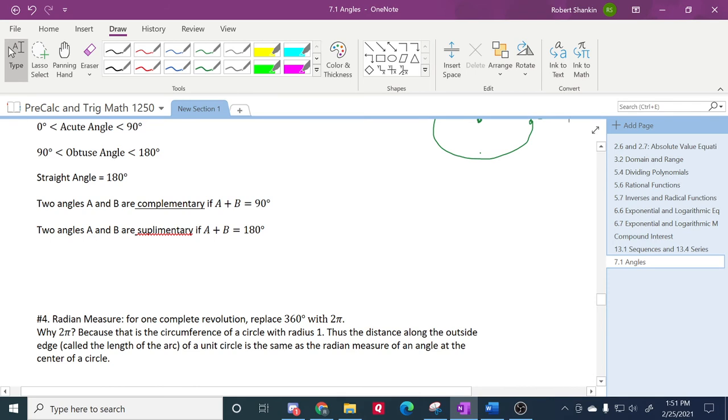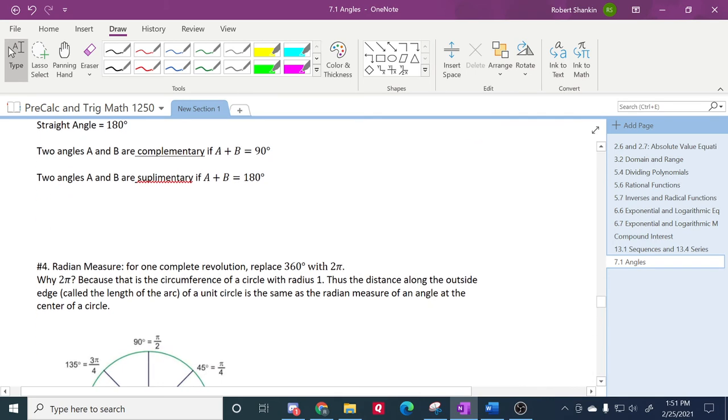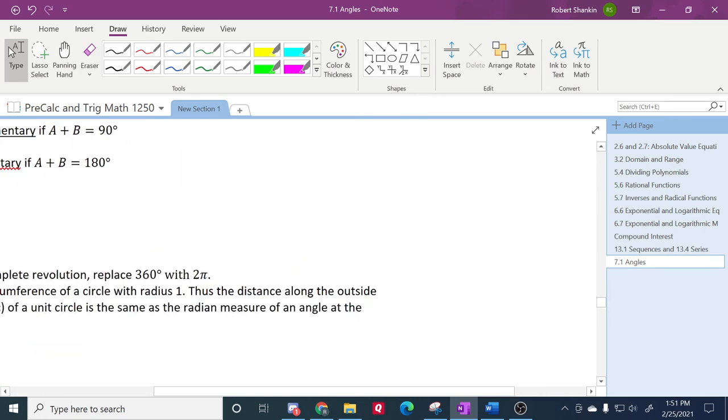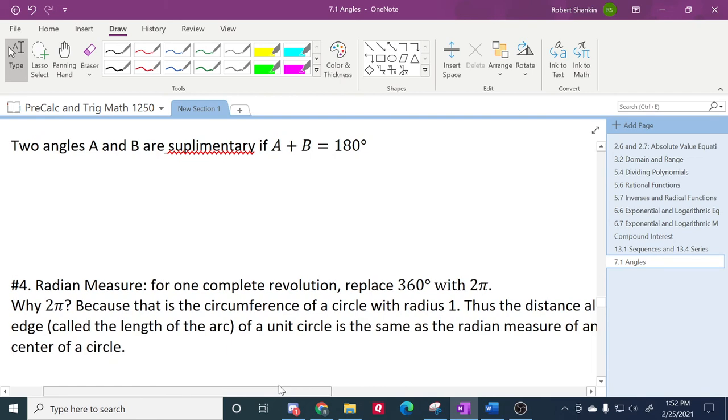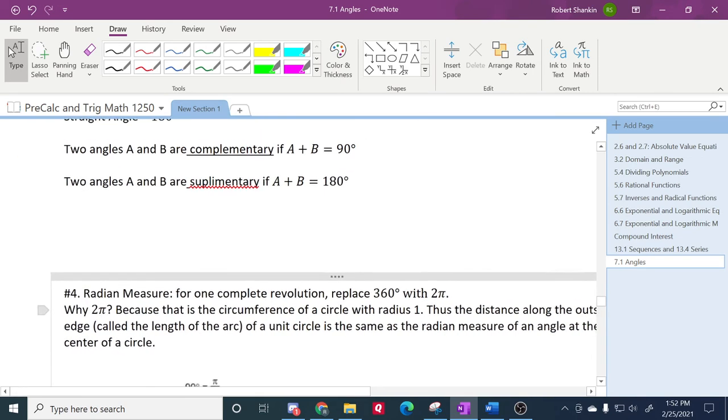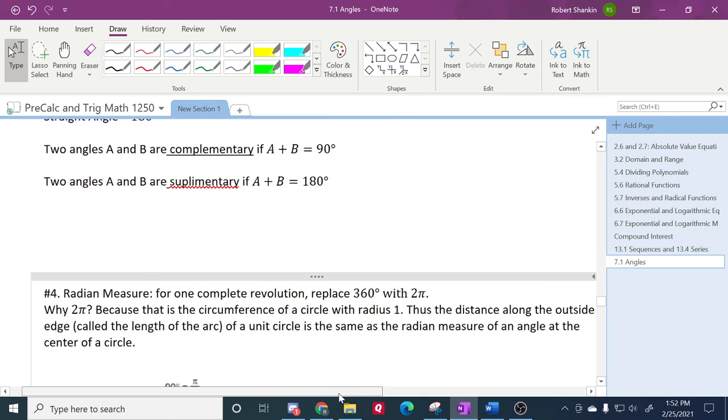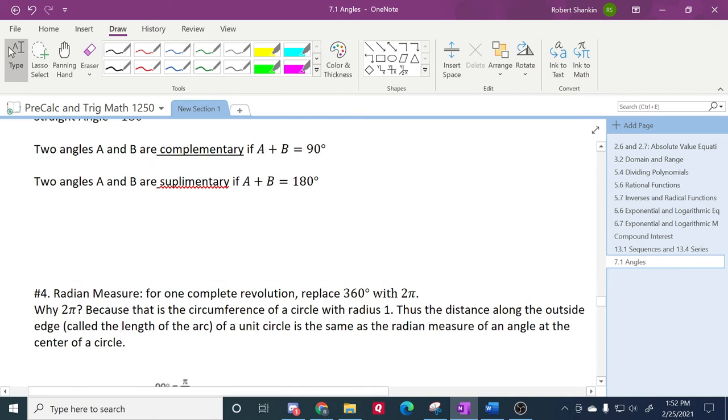Radian measure. This is the big topic for today. All right. So for one complete revolution, we replace 360 degrees with 2 pi. Now why 2 pi?